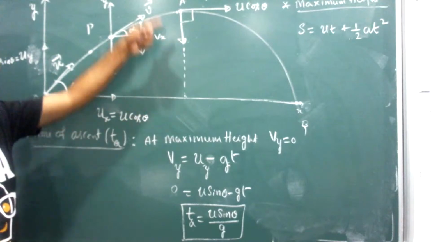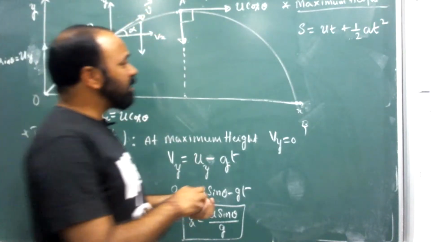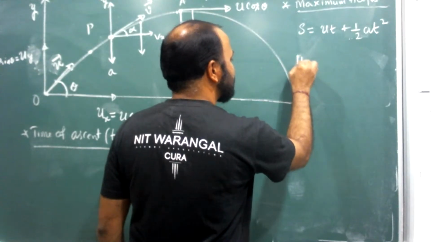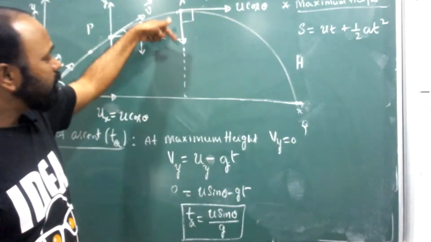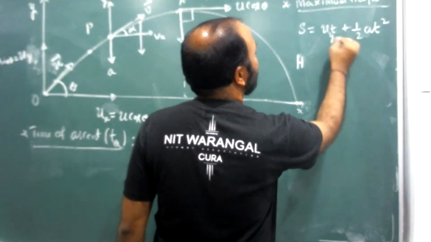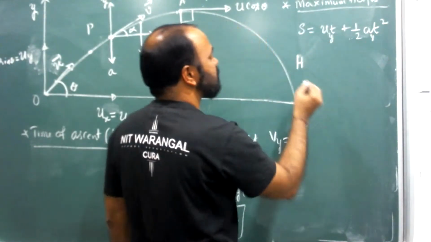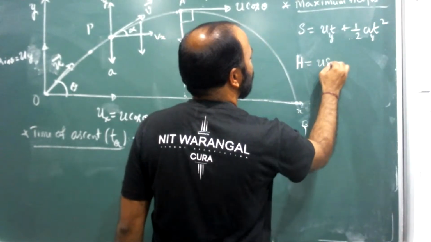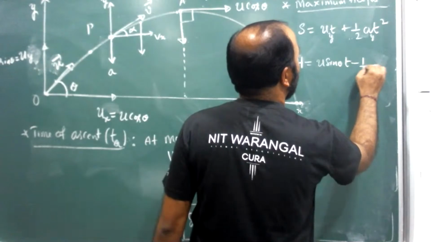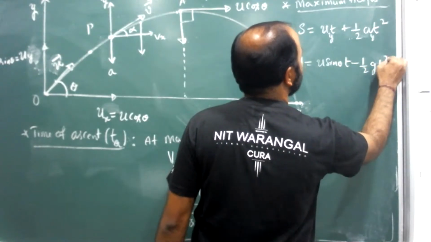Maximum height is a vertical displacement, so I am taking this as y, otherwise you can take it as h maximum. This we can write as u sin theta into t minus half g t square.